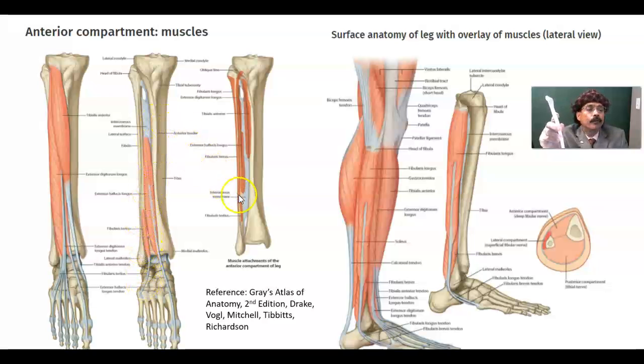On the lateral aspect we have the fibularis longus and fibularis brevis muscles. They make a groove on the posterior part of the lateral malleolus, and these lateral muscles are innervated by the superficial fibular nerve, while the extensor muscles are innervated by the deep fibular nerve.